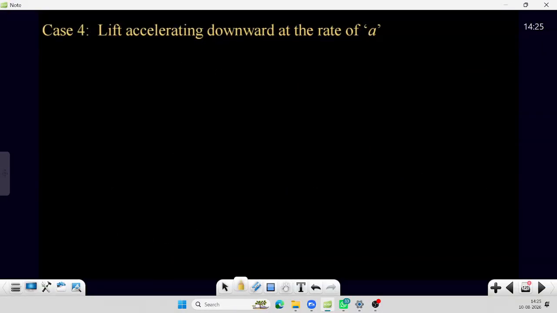Now tell me, if the lift is going downwards, what happens? If the lift is moving downwards, in this case the actual weight is mg, and this is the normal reaction.